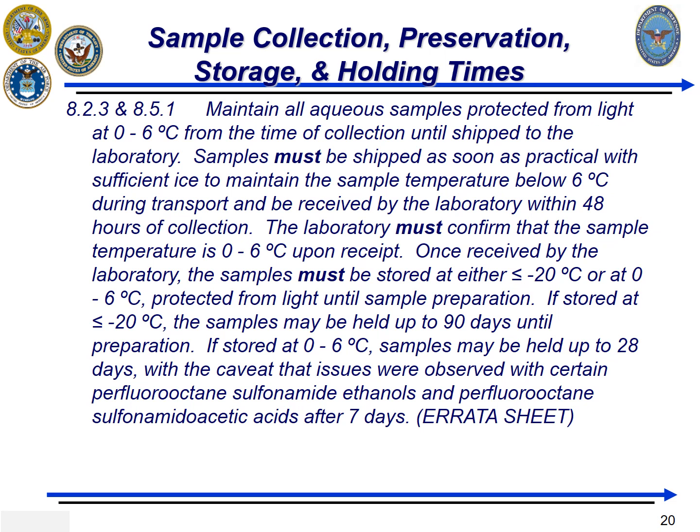If they're stored at 0 to 6 degrees C, samples may be held up to 28 days until preparation, with the caveat that issues were observed with certain perfluorooctane sulfonamide ethanols and perfluorooctane sulfonamide acetic acids after 7 days. This is information that's included in the errata sheet.